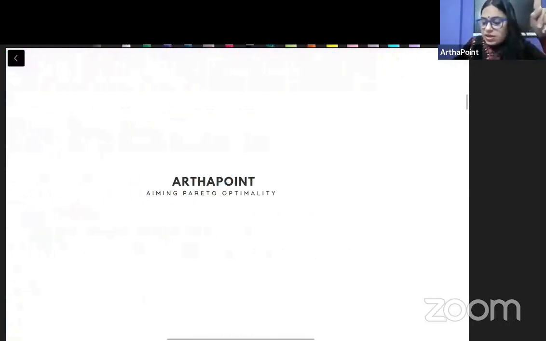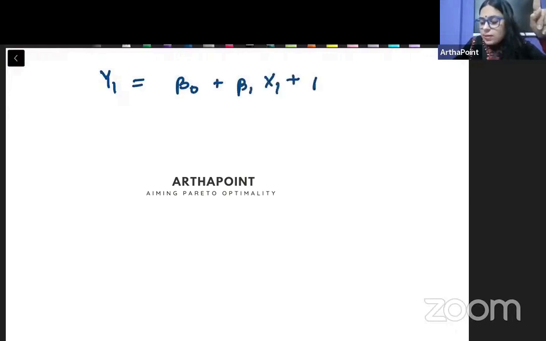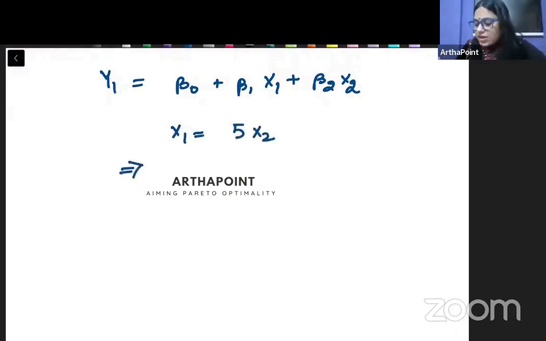देखो ध्यान से बेटा. We are starting with y is equal to beta naught plus beta 1 x1 plus beta 2 x2 model. But हमें given है, we are given that x1 is 5 times x2. From here I got that x2 will be x1 divided by 5.